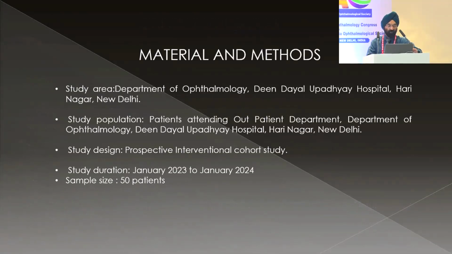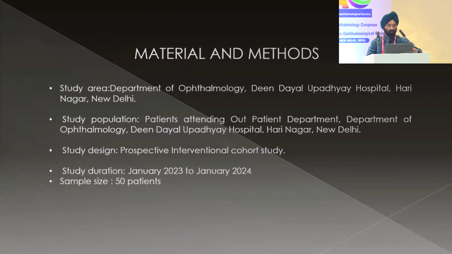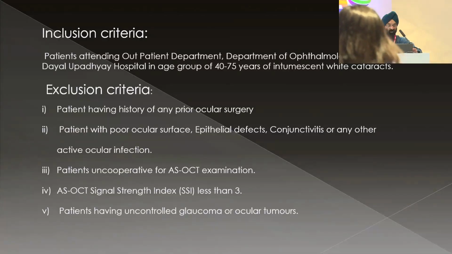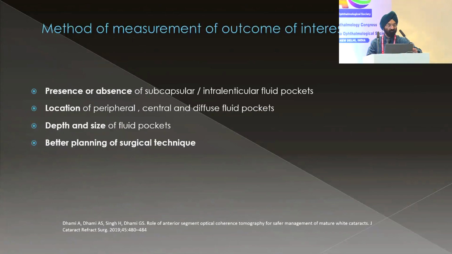This was done in the Department of Ophthalmology at Deen Dayal Upadhyay Hospital in New Delhi, on 50 patients over a 1 year period from January 2023 onwards. These were the inclusion and exclusion criteria. The outcome of interest was measured based on AS-OCT.